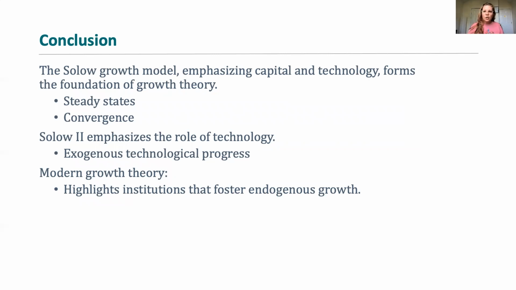So the newer model, the Solow 2 model, really emphasizes the role of technology as an exogenous multiplying factor. But an even more modern theory highlights the role of institutions that foster endogenous growth. That is, you have to create the environment within an economy that has incentives for people to invest now to produce more later. Whew, that's a lot, but this is a really important chapter.